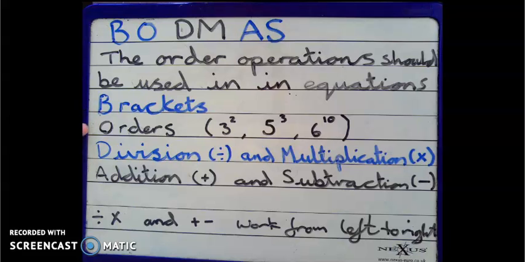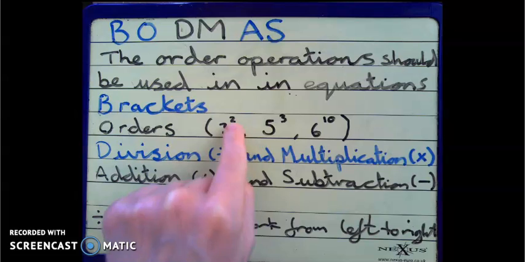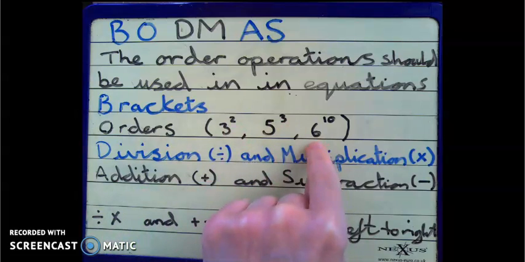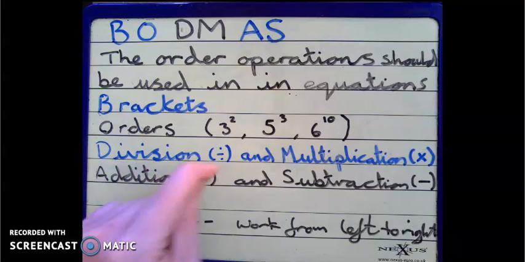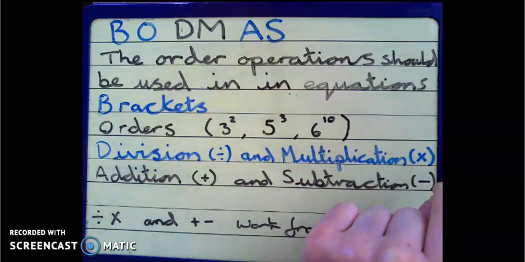Then come any orders. For example, 3 squared, 5 cubed, or 6 to the power of 10. They come second. After that will come any division and multiplication.